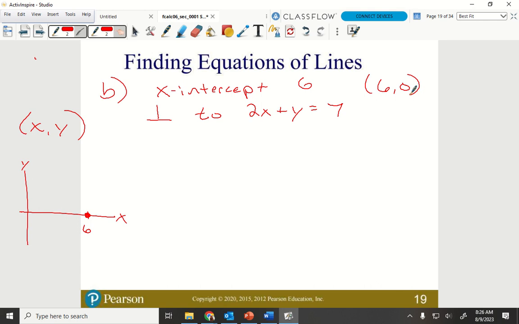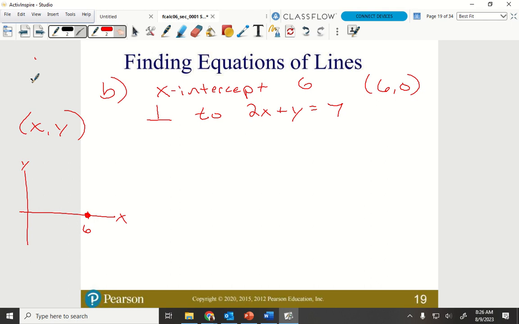So from this one over here, I've got to try and figure out the slope. Yep, very good. So this is in my standard form. So to get this out of standard form, I am going to turn it into y equals mx plus b. So let's get y by itself.